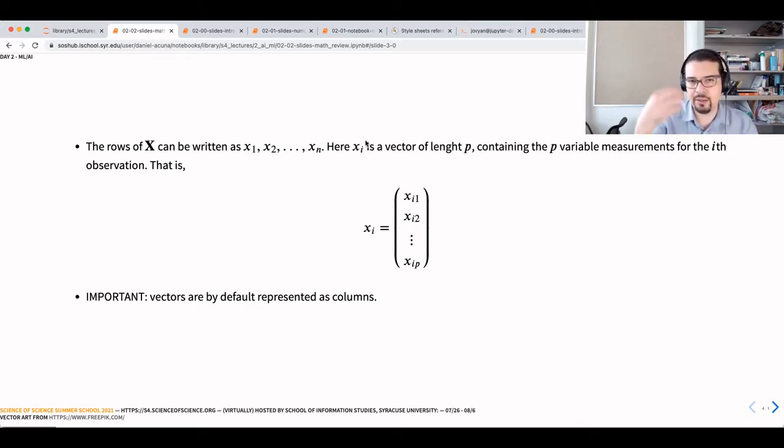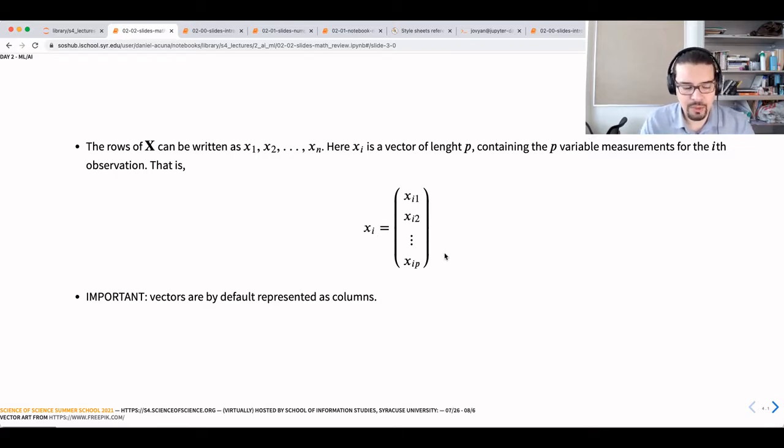So a single data point in our data set. And that's going to be p-dimensional because we have p columns. So this will just return a vector. So you could represent the data of a particular data point with this notation.